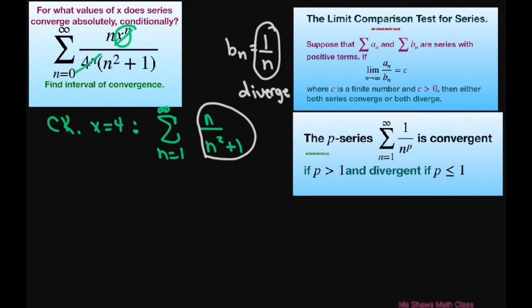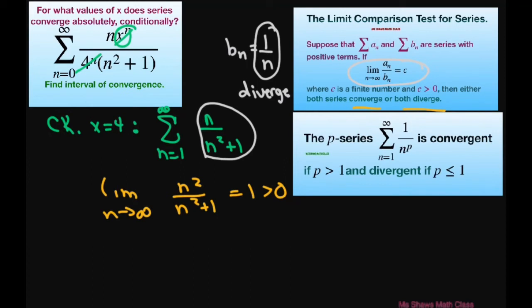So if you compare these two, you do this limit here. And basically what you're going to get is n squared divided by n squared plus 1. That limit's going to equal 1, which is greater than 0. So it means they either both converge or both diverge.